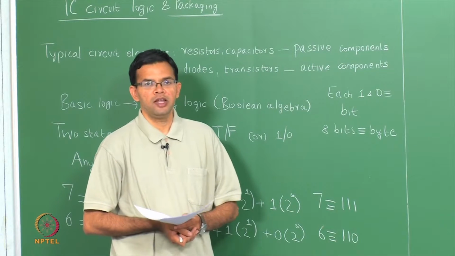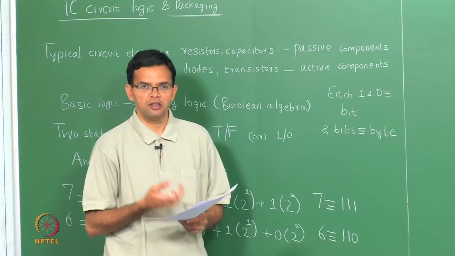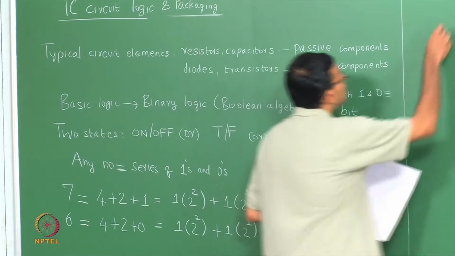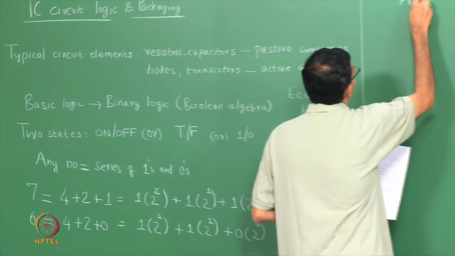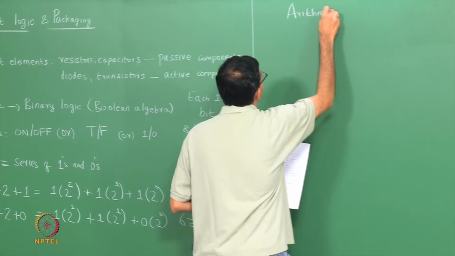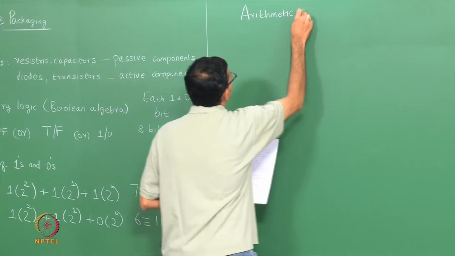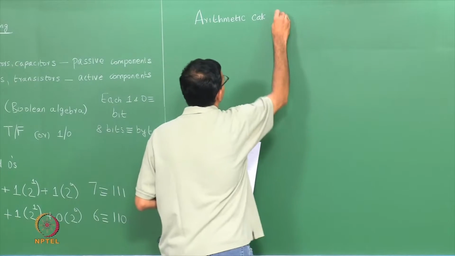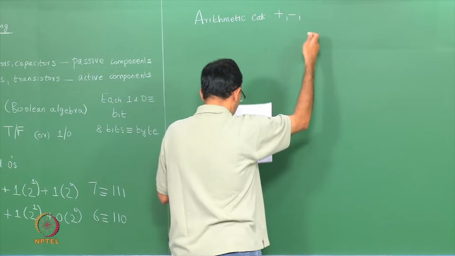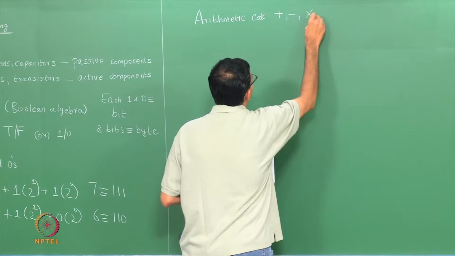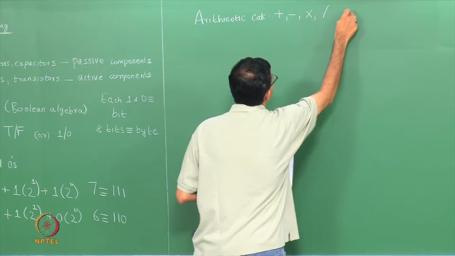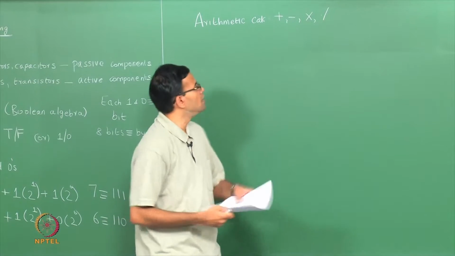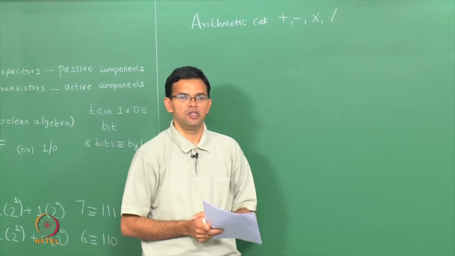So, using Boolean algebra, you can do both arithmetic calculations and also logical operations. So, when you think of arithmetic calculations, you can do things like addition, subtraction, multiplication, division and so on. You can also do higher order arithmetic calculations just based upon these.